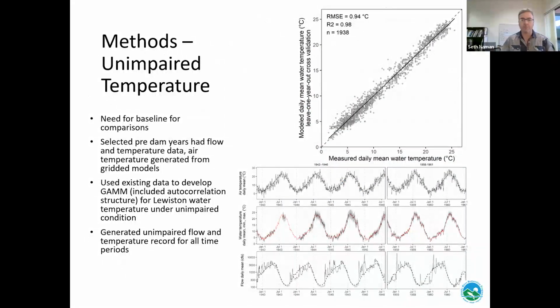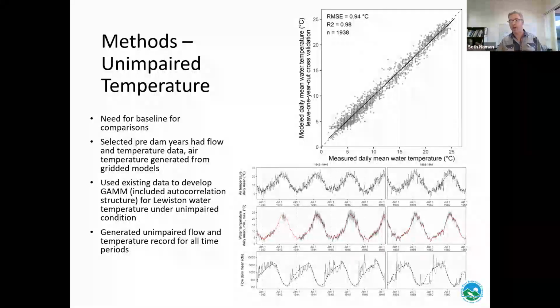In terms of temperature, there are only about five or six years where we have a pre-dam data set for both flow and water temperature. So to generate all of the years of data, we built a generalized additive mixed model, so that you can include autocorrelation structure and mixed effects, because when you're sampling, these water temperature data sets are not independent.